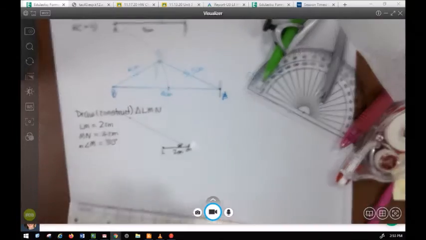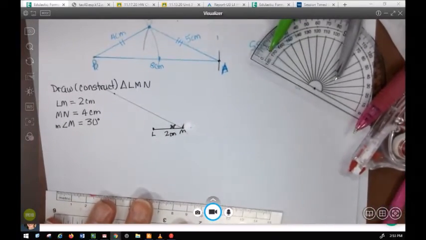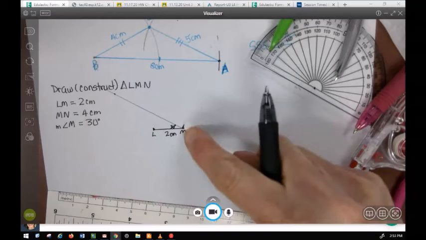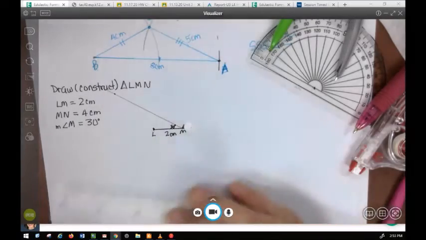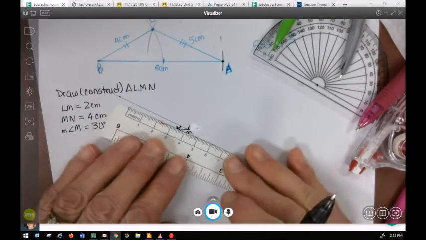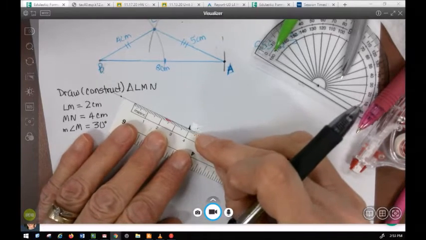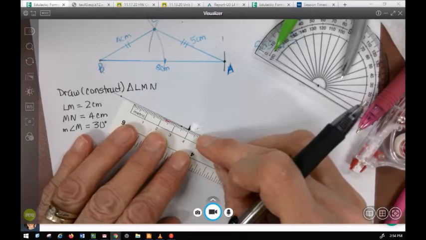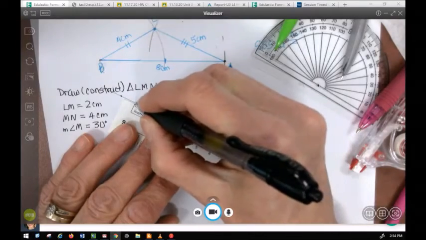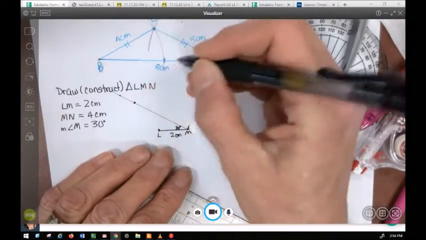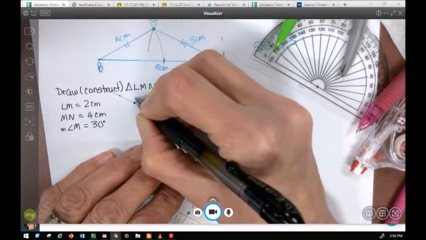And then we know that the side MN is 4. So here is M. So N is going to be 4 centimeters out this direction. So I'm going to put this endpoint right at 4 centimeters. When I measure that, that other endpoint is going to be right here. So we know that N is going to have to go here.